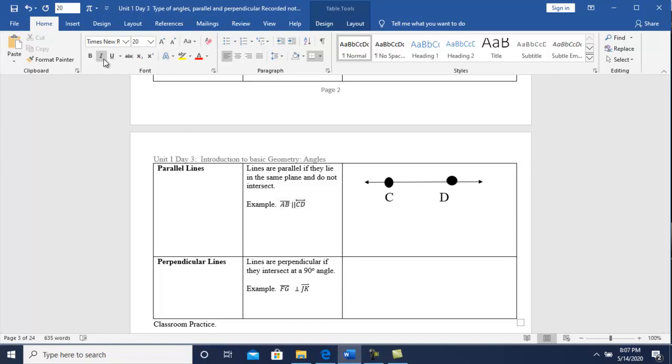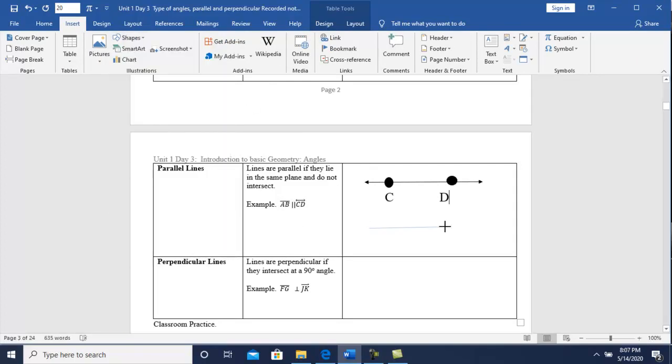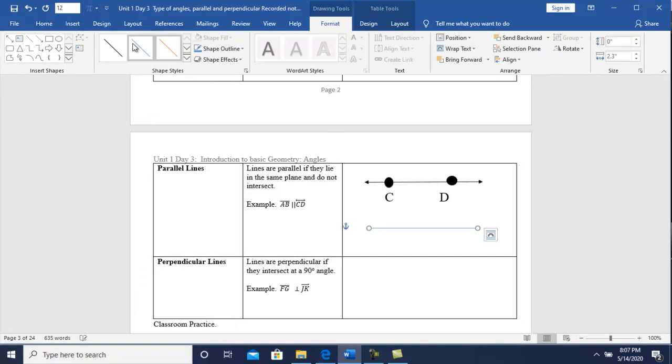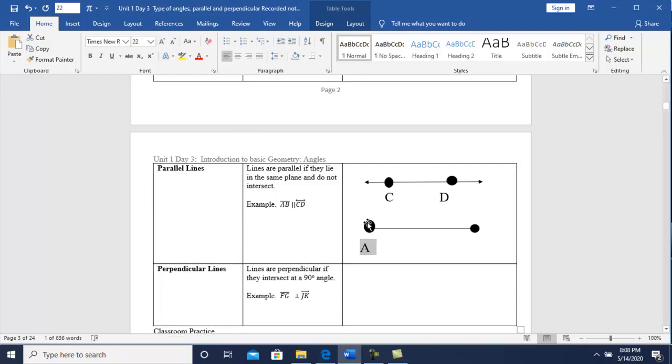Notice that the line segment does not have any arrows. On a line segment, the endpoints will be our points. This is going to be A, and then we're going to draw B over here.